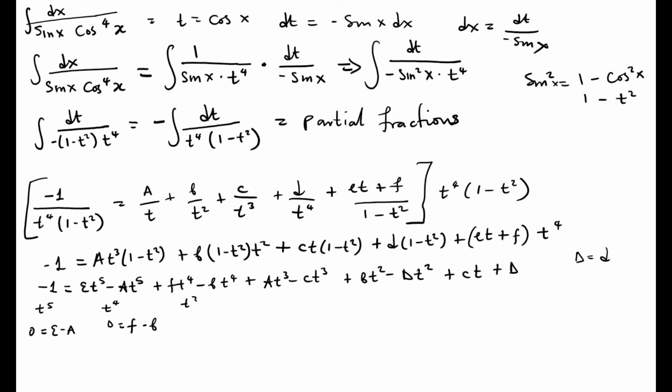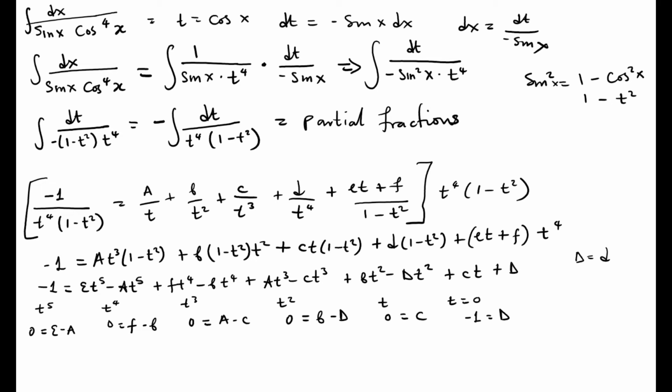When t to the power 3, 0 is equal to a minus c. When t to the power 2, 0 is equal to b minus d. When t to the power 1, 0 is equal to c. When t is equal to 0, we have negative 1 is equal to d.